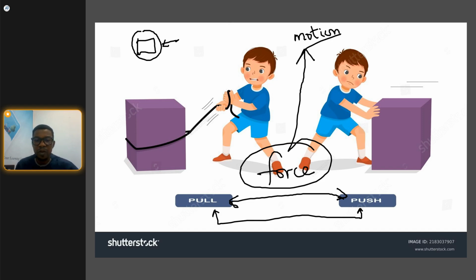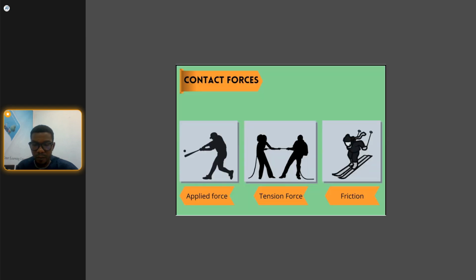Now this force is subdivided into two: contact force and field force. These are the two categories of force that we have, which we are going to consider now.